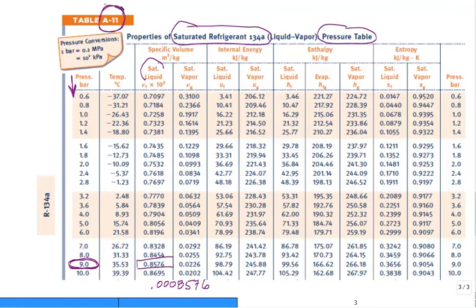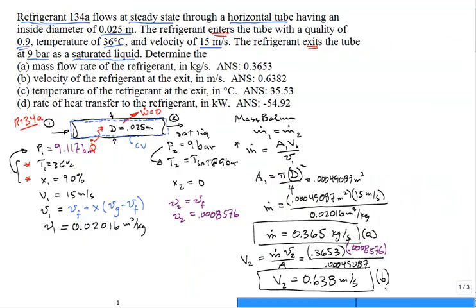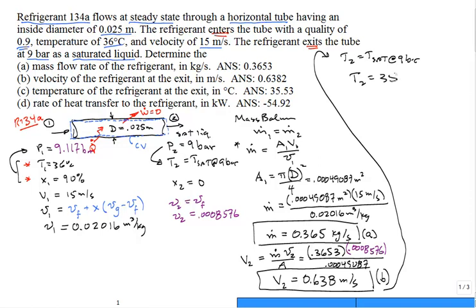We're back to table A11 and we're at 9 bar, and our saturation temperature is 35.5 degrees C. So you would make a note on your exam, like go to the table and T2 is equal to Tsat at 9 bar, and then just write down the value, 35.5 degrees C, from the table. Maybe make a little notation, table A11. Okay, and that's the answer for part C.